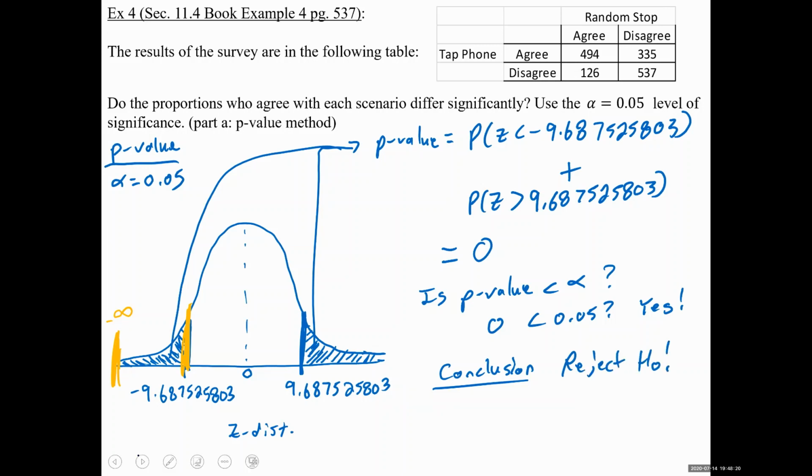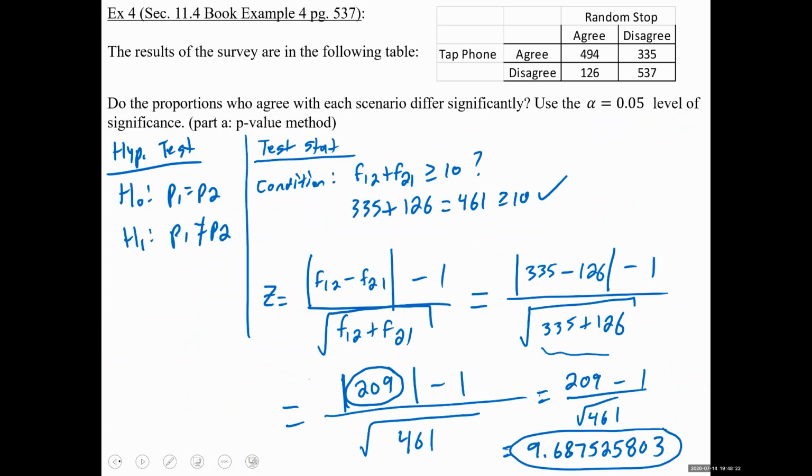Let's go back and see what H0 and H1 are. We're rejecting H0. That means evidence suggests that these percentages are not the same. I'm just going to write: evidence suggests the proportions who agree with each scenario differ. Evidence is pointing to them differing. And actually, they do differ quite a bit because we got such a small p-value, or such a big test statistic.